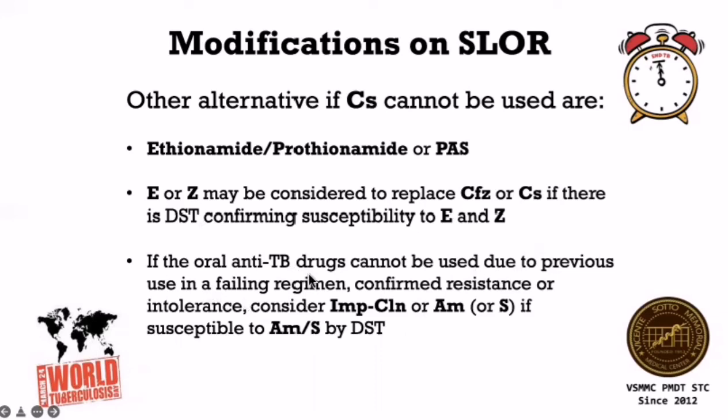And if the oral anti-TB drugs cannot be used due to previous use in a failing regimen, confirmed resistance or intolerance, you consider our group 3 drugs, imipenem, cilastatin, or our injectable amikacin or streptomycin if susceptible to amikacin or streptomycin by your drug susceptibility testing.